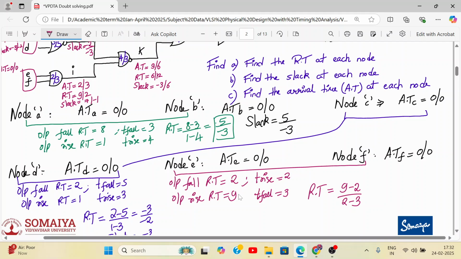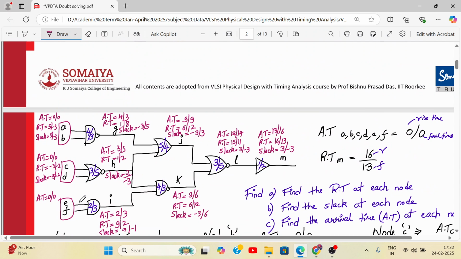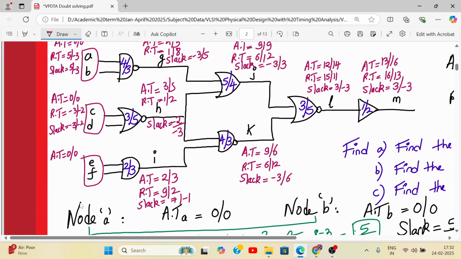Output fall required time minus T fall, that will be 7 by minus 1, and the slack will be the same, 7 by minus 1. Alright, I hope it is clear. Let us put in this information over here. The required time is 7 by minus 1 and the slack is also 7 by minus 1.